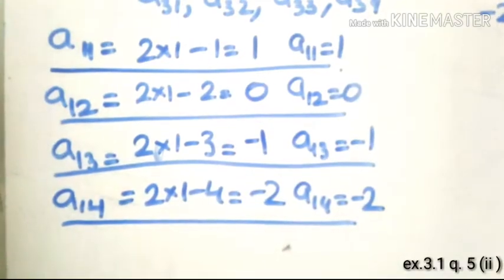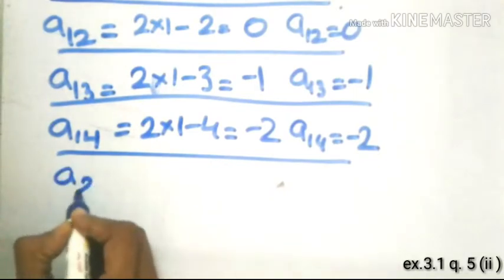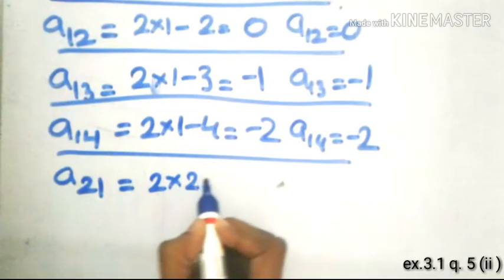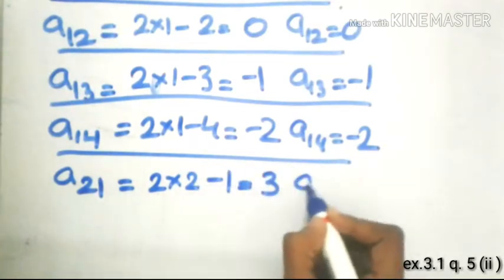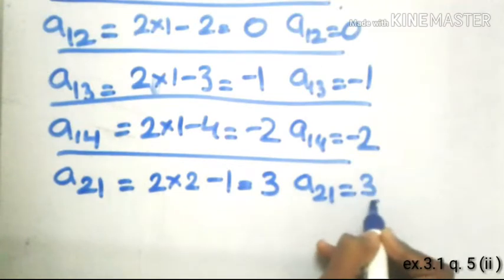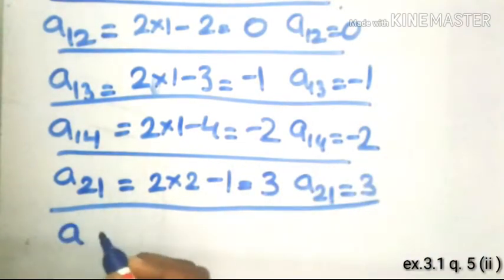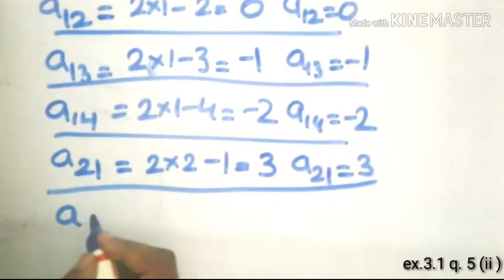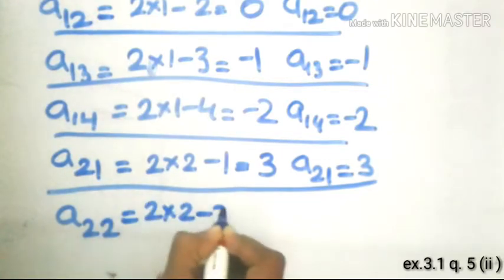So now we go to the second row. A21. So that is 2i minus j. So 2 into 2 minus 1. So 4 minus 1, I'll get the answer 3. So A21 is 3. Okay. This particular formula is very easy, so we are getting the answer in one line actually. A22 is 2 into 2 minus 2.